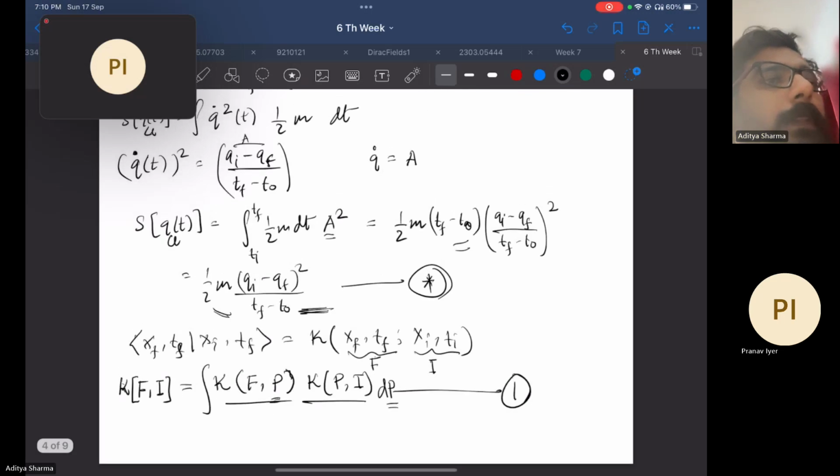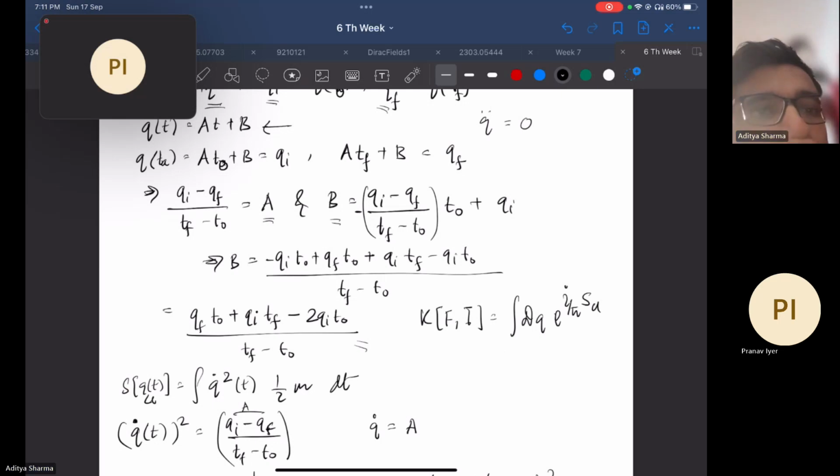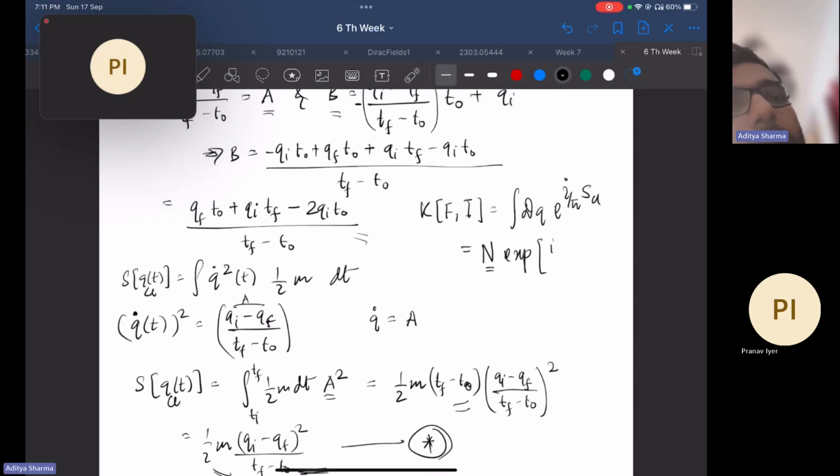So this path integral of the free field, the kernel between final and initial, is equal to the integral of Dq e to the power i by h cross S. This actually evaluates to some normalization factor times the exponential of i by h cross S classical.